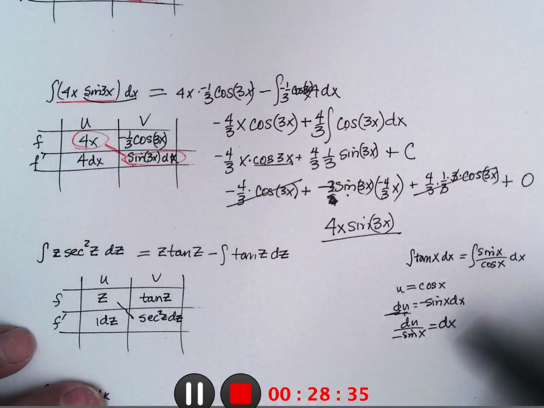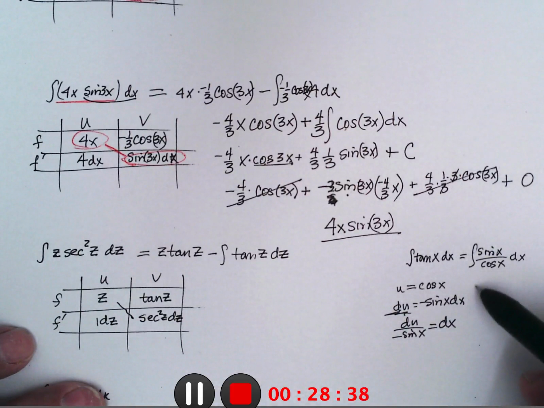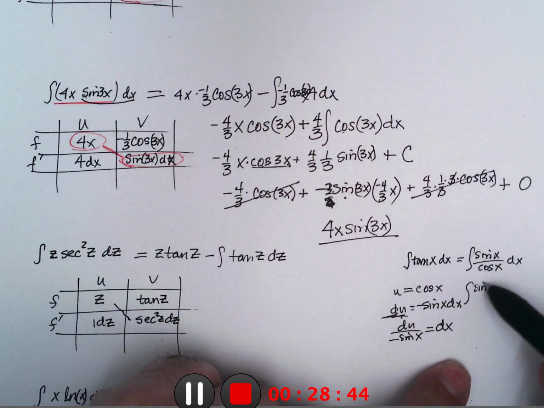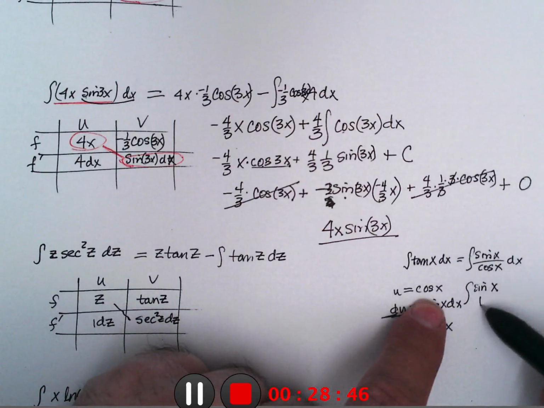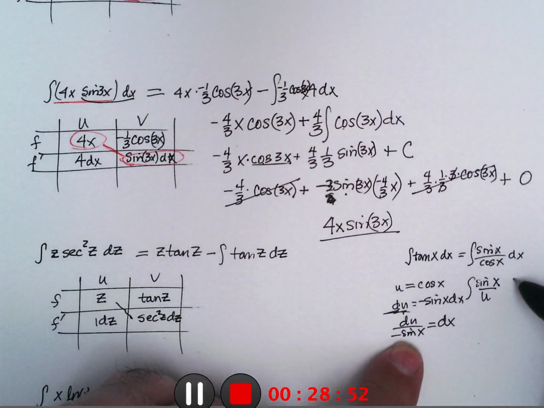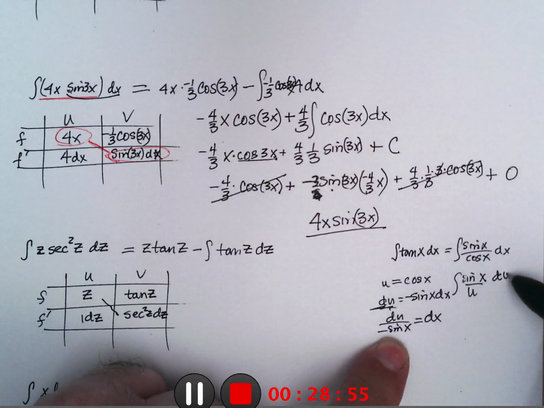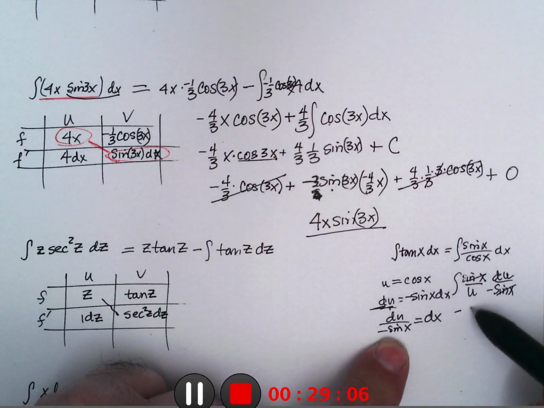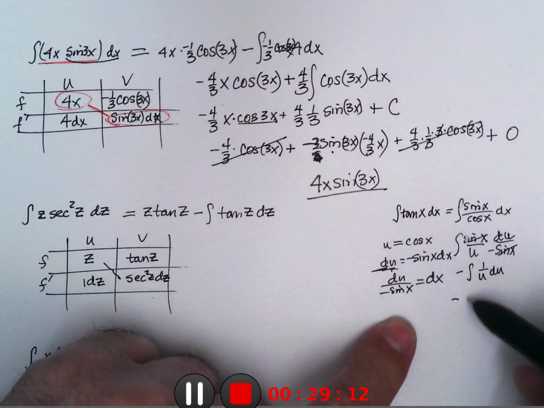So this becomes the integral of sine x, cosine x is u, dx is du over negative sine x. The sine x is canceled, but not the negative. So I got negative integral of 1 over u du, which is negative ln absolute value of u plus c.